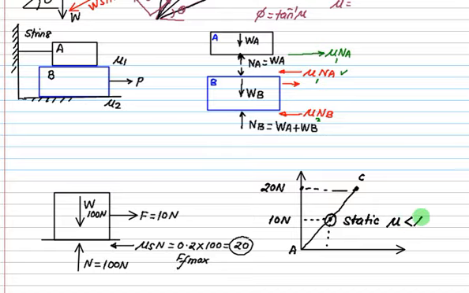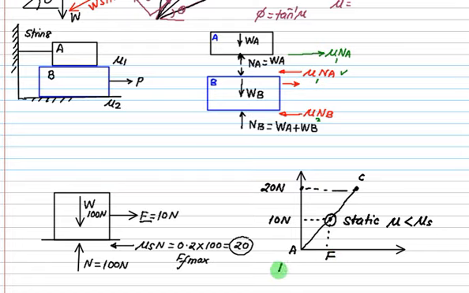No question of mu k, because you are in static. But whatever the coefficient of friction is, that value is less than 0.2. And are you able to calculate this coefficient of friction? Because the external force is F, on this axis I have written the external force. Is it correct?